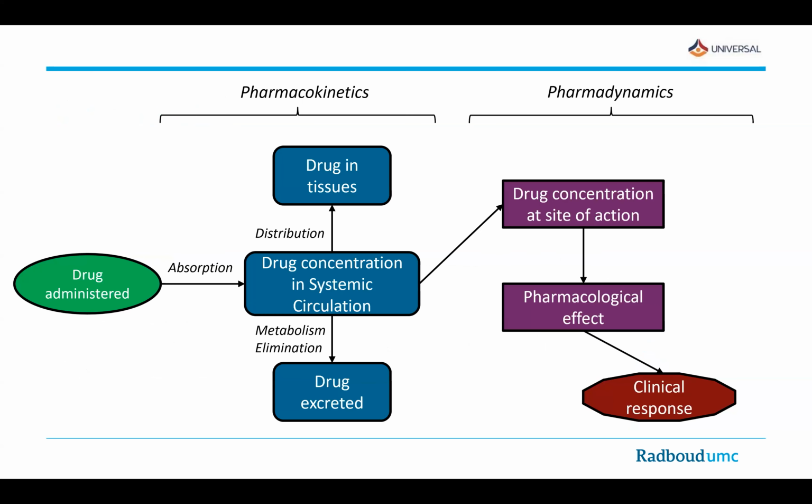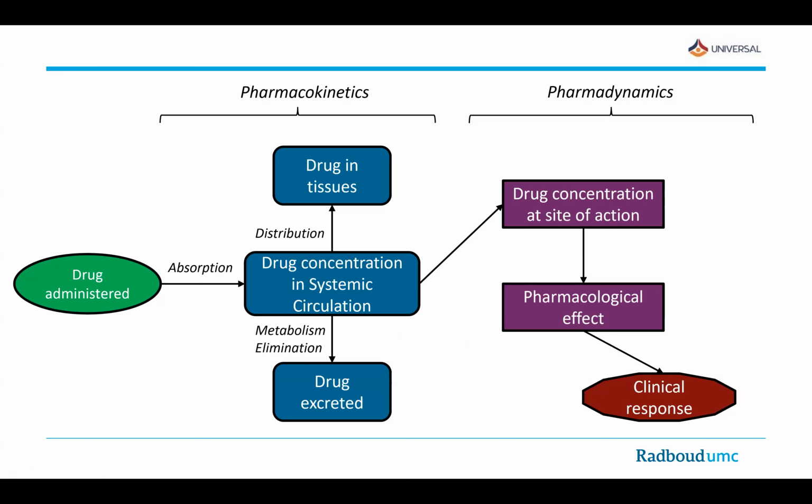So in this figure, you can see an overview of the processes that can take place after a drug is administered. And it shows the differences between pharmacokinetics and pharmacodynamics. So after a drug is absorbed into the systemic circulation, so into the blood, distribution to tissues will take place and drugs will be metabolized and eliminated.